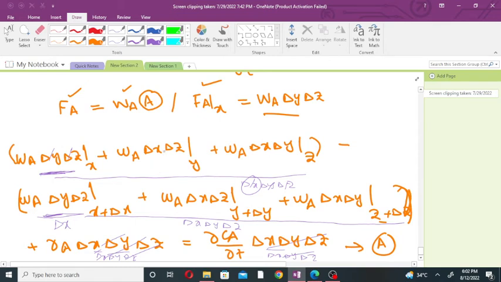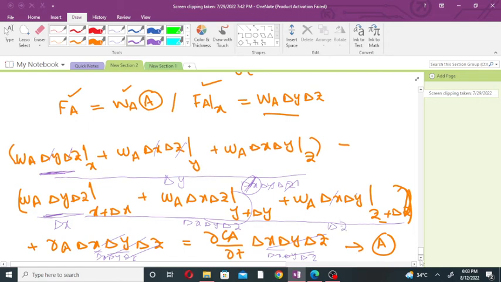For the y terms, x and z will cancel, and delta y will come in the denominator of both delta y terms. Similarly, when divided by x, y and z, x and y cancel, and this will be the delta z term.